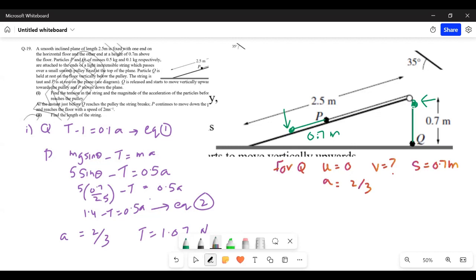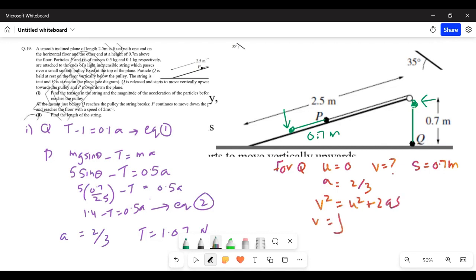Which equation of motion should I use? You have U, V, S, and A. Which equation of motion uses these four values? V square equals U square plus 2as. Yes, V square equals U square plus 2AS.